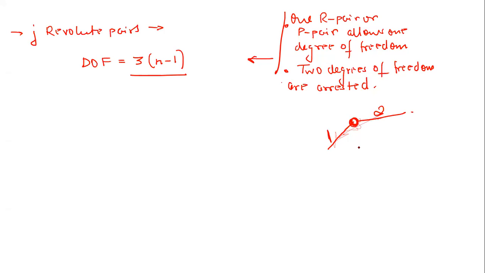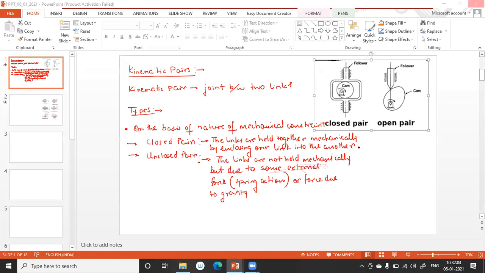So we will need only one coordinate theta to simply represent the motion between these two links 1 and 2. That means only 1 degree of freedom is allowed, 2 are arrested. Now these two links cannot translate in the x or y direction, correct? So just tell me what will be the degree of freedom of the mechanism now?